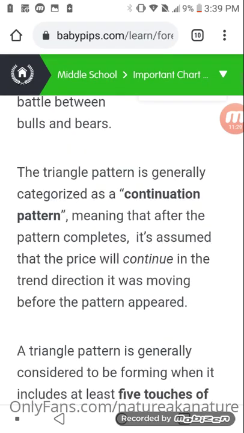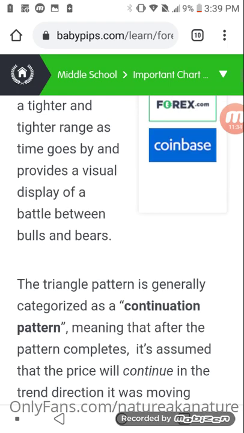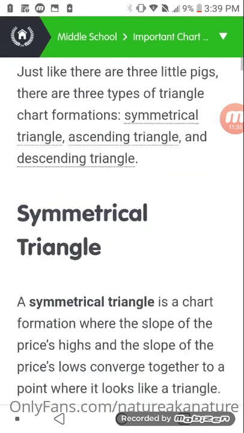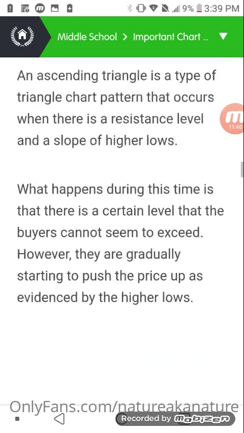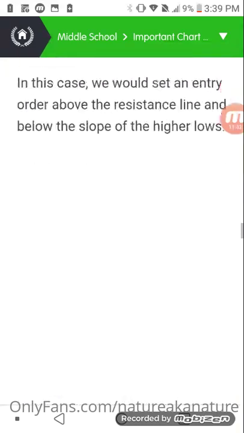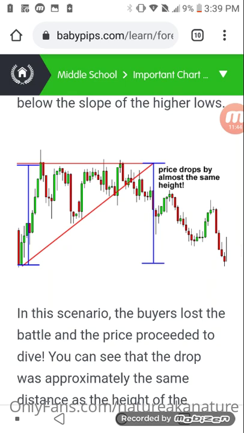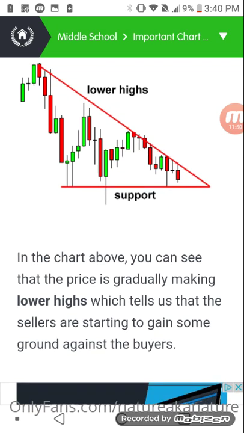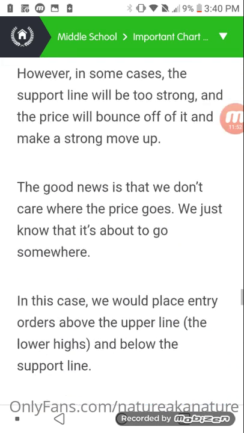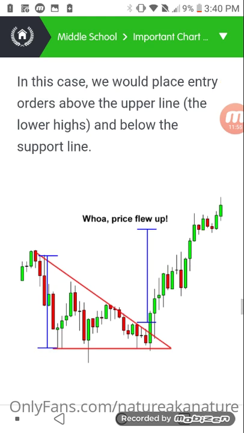It's kind of similar to the bullish and bearish pennants.